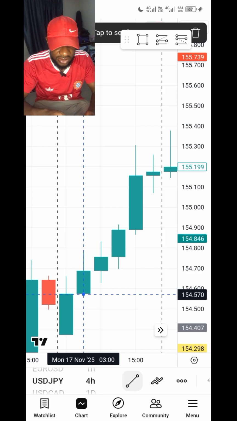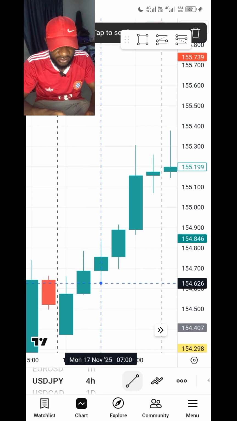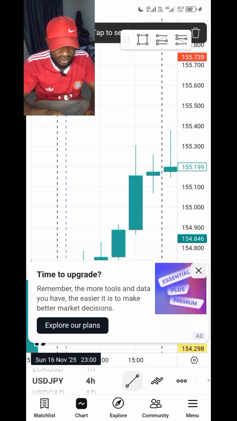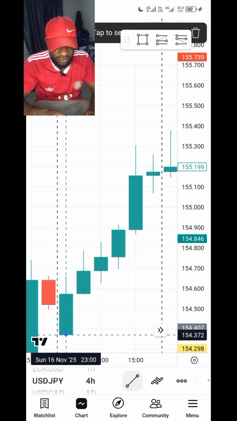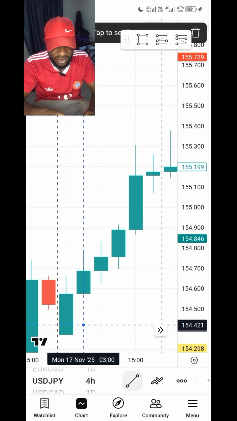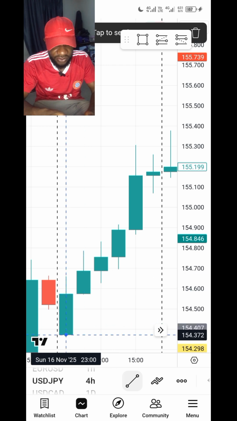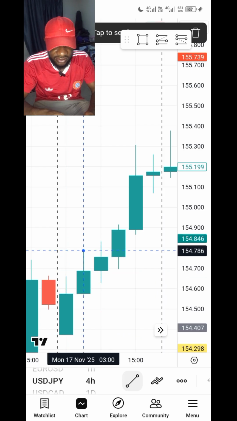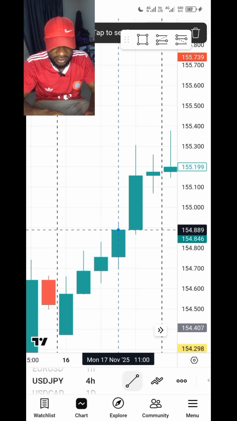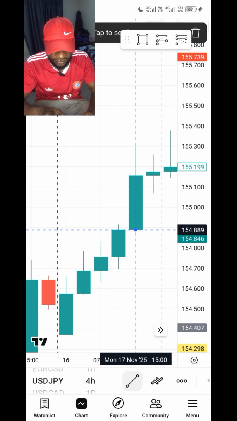This candle opened here, went up, this is the highest point it reached, and it closed here. So here is the high, here is the low. This is the high of this candle, this is the low, this is the high, this is the low, this is the high, and this is the low.